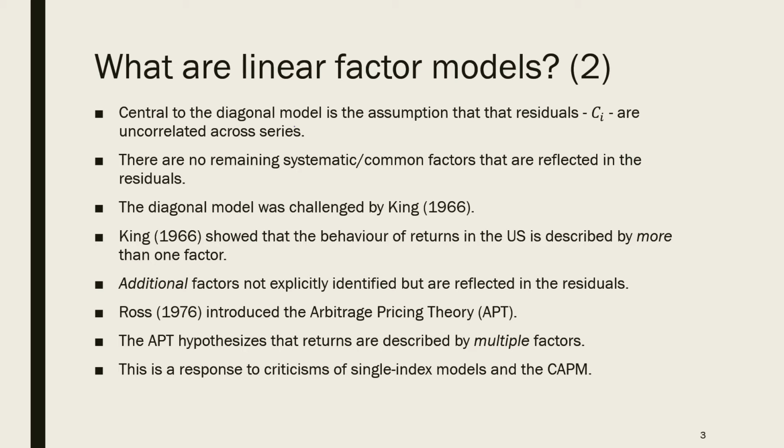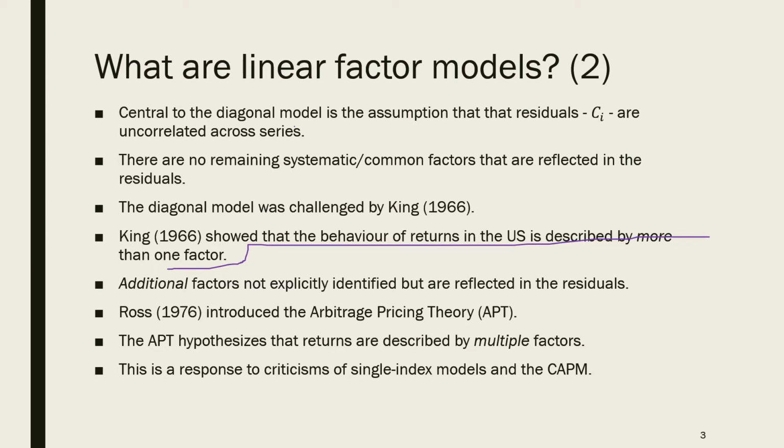However, following Sharpe's 1963 paper, King in 1966 proposed that the behavior of returns on the US stock market is described by more than one factor. In other words, this is contrary to what Sharpe proposed. Sharpe proposed that we should look at one very important explanatory variable.